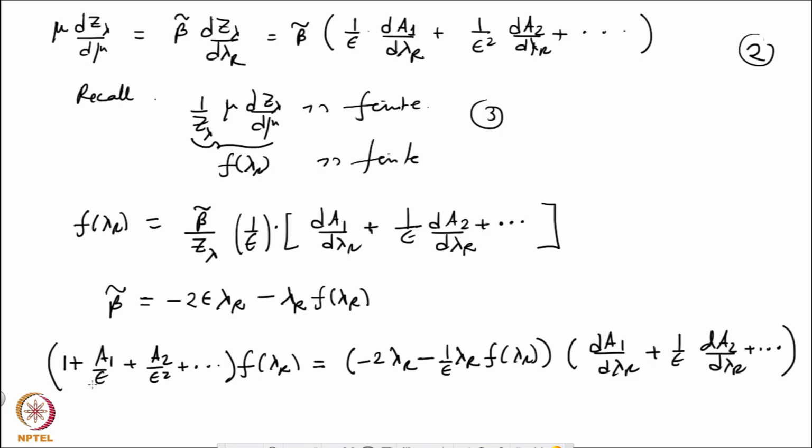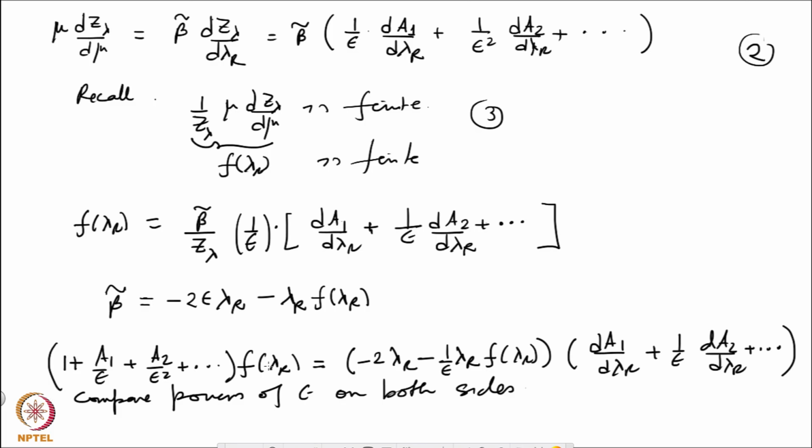Okay, now let's compare powers of epsilon on both sides. So what do you get? Let's look at the lowest order term, which is the finite term, epsilon to the 0.